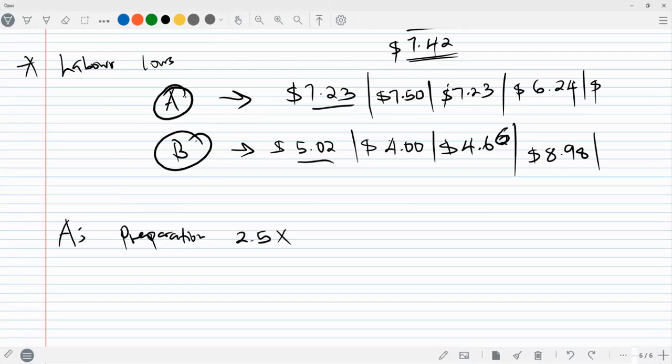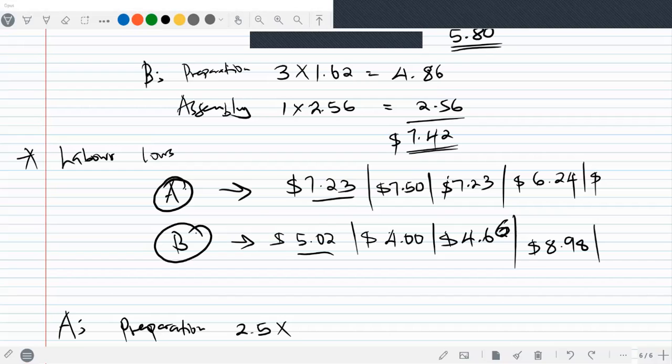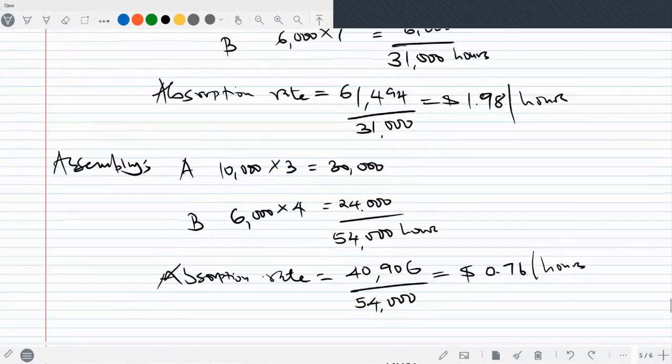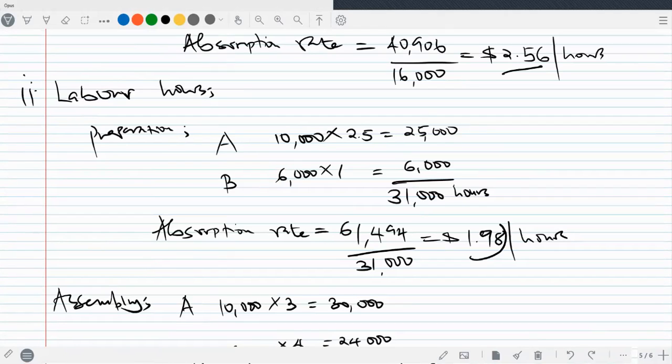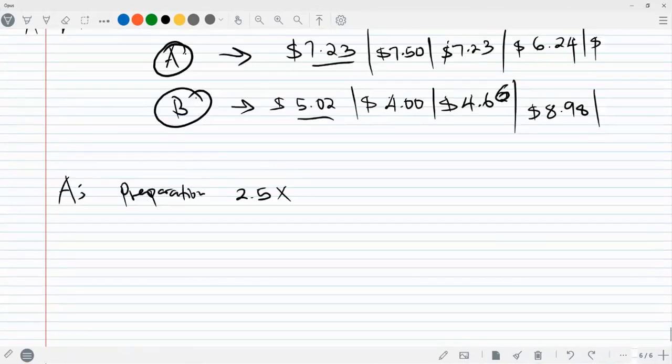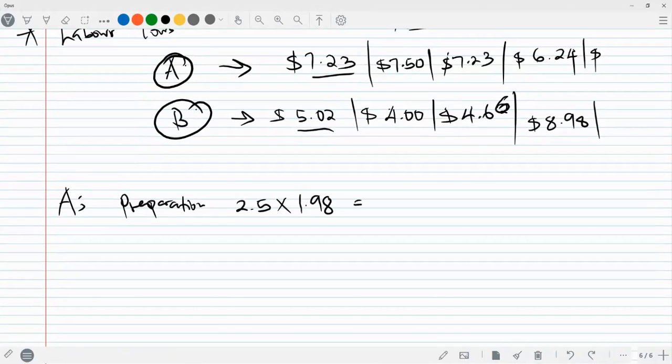We multiply by the absorption rate, and the rate of absorption based on labor hours is 1.98.